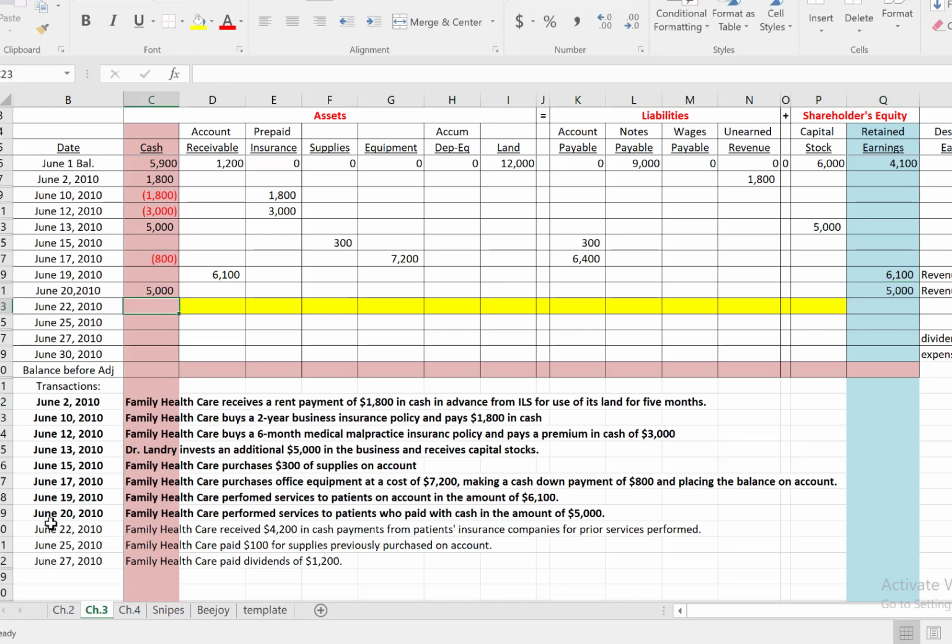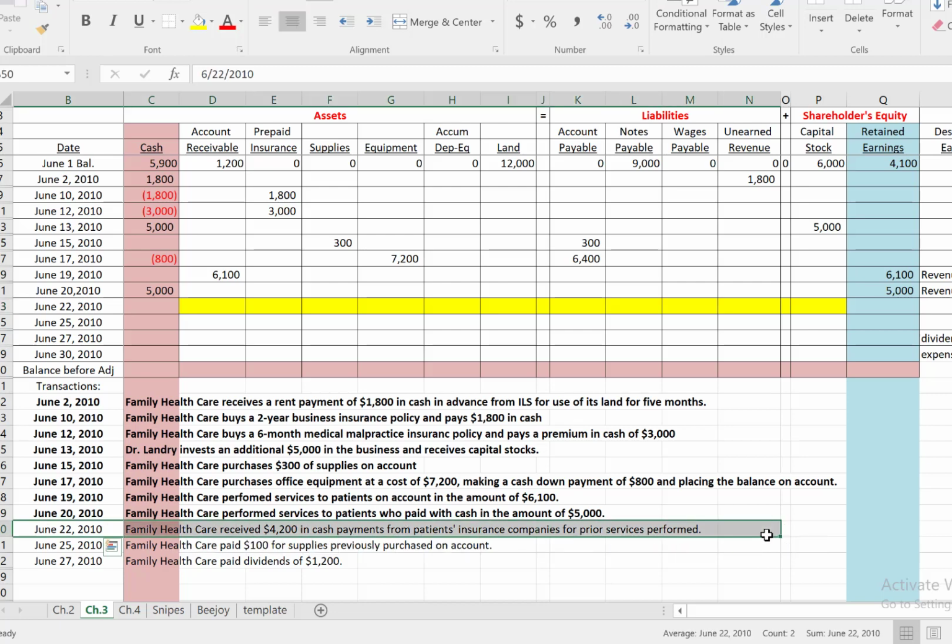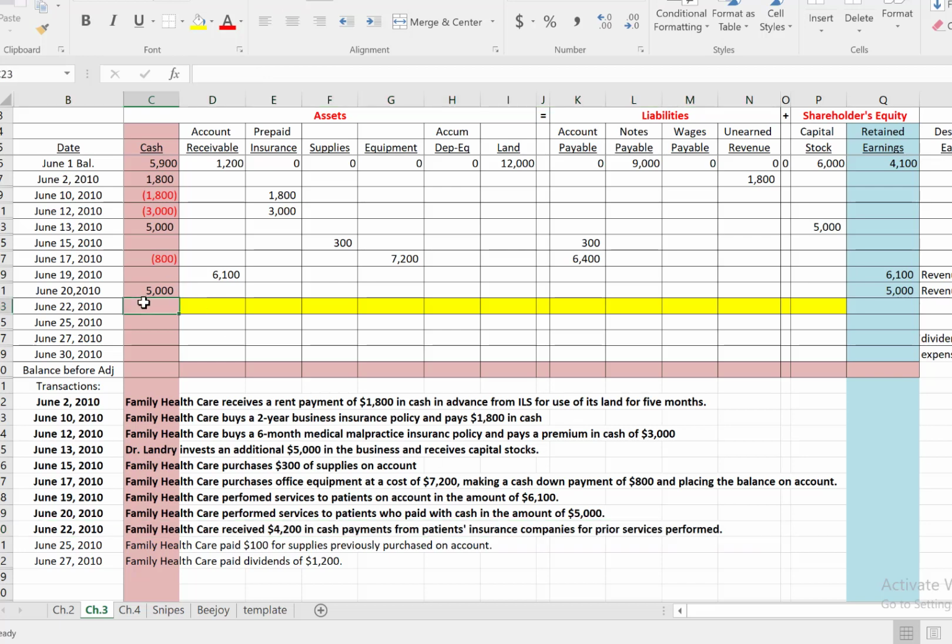Now let's look at the June 22nd transaction. Family Healthcare receives $4,200 in cash payment from patients' insurance covering prior services performed. So we have $4,200 in cash because we received this.